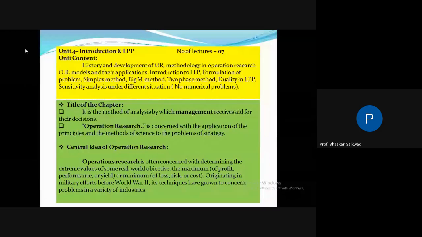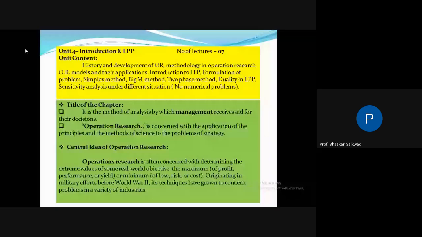For minimizing conditions: loss, risk, and cost. You have to remember these three words. In operations research, we always go for maximization of profit, performance, and yield, and minimization of losses, risk, and cost.